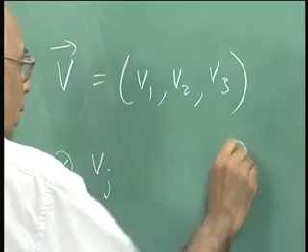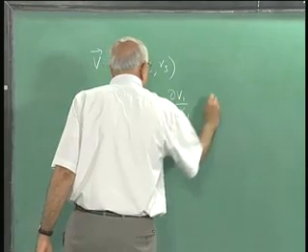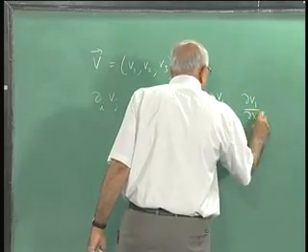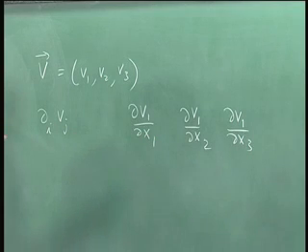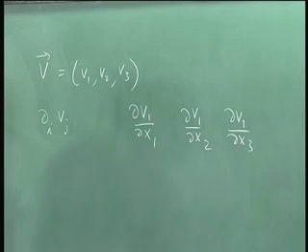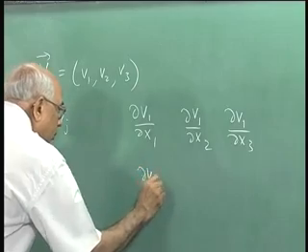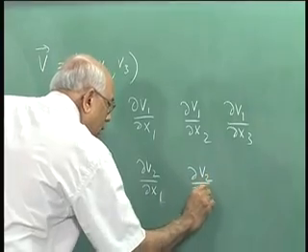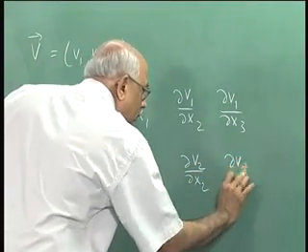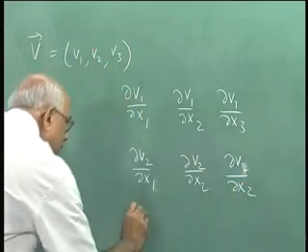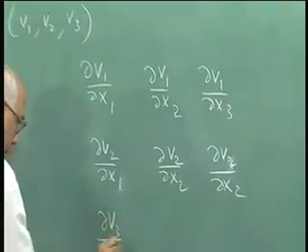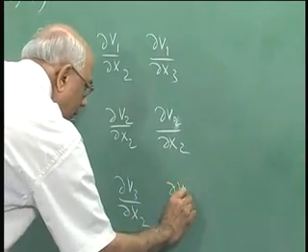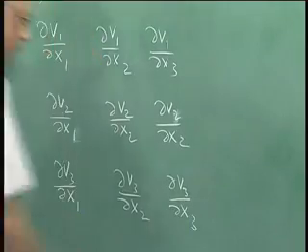If I write this out, you have delta v1 over delta x1, delta v1 over delta x2, delta v1 over delta x3, where x1, x2, x3 stand for x, y, z, and v1, v2, v3 stand for the x, y, z components. Then you have delta v2 over delta x1, delta v2 over delta x2, and delta v3 over delta x2. So you have these 9 components.